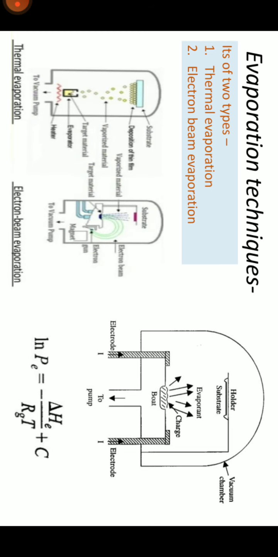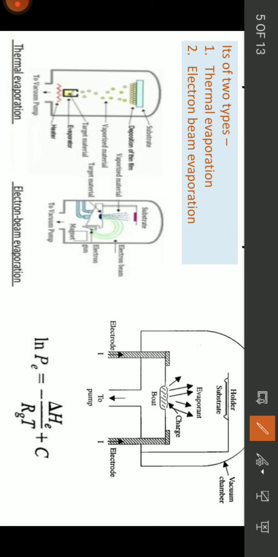This diagram shows that the source material is kept in this boat, and the evaporation is taking place at a fixed distance. It is done in a vacuum chamber, as I have told, to prevent oxidation. And then at the substrate it's condensing. Here evaporation is taking place, and then it's condensing to form the thin layer.